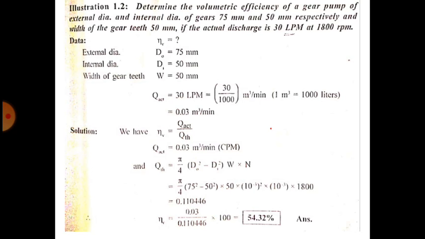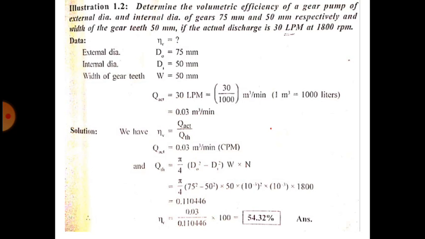To find the Q theoretical, we know that the formula is Vd into N, where Vd is equal to volumetric displacement, which is given by pi by 4 (d naught squared minus di squared) into W. Vd means it is discharge per revolution. If you multiply by N, you are going to get the theoretical discharge. So Q theoretical is equal to Vd into N.